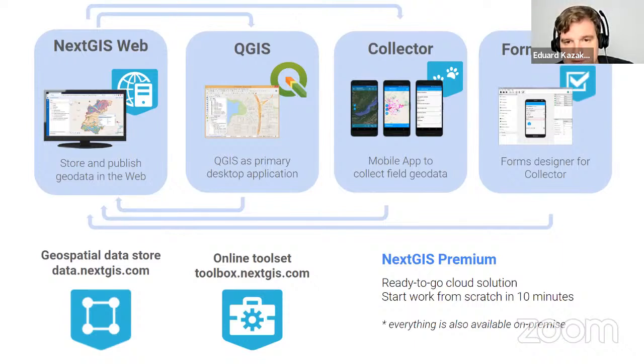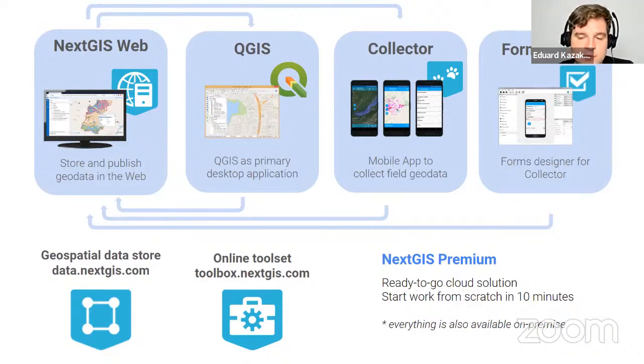And it's important to know that today our demo will be focused on our cloud solution, subscription NextGIS Premium. It allows you to start work from scratch in 10 minutes. And all server infrastructure in that case will be hosted on our resources, and you will just use it as you use all websites on the internet.